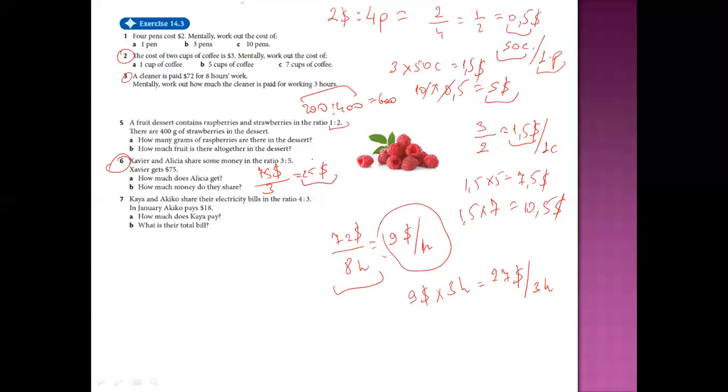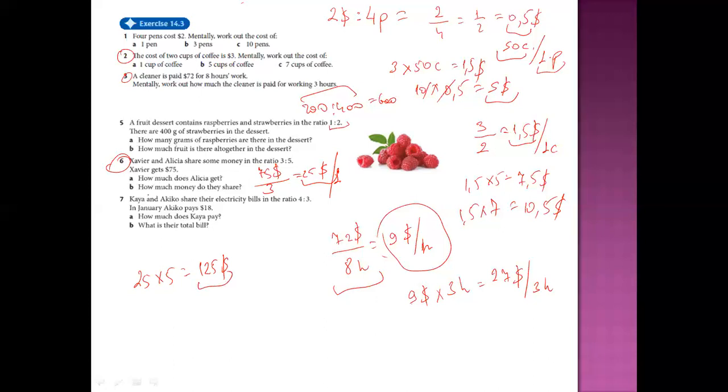So that is one part, only one unit, okay? There we have 3 parts for Javier, so 3 times 25 is 75, but the ratio of Alicia is 5. That's why we should multiply 25 times 5, which is $125.